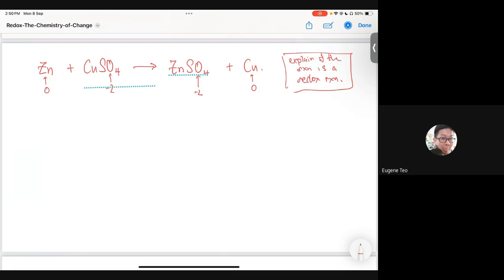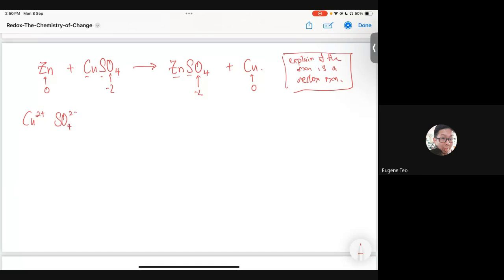After that, I want to apply the summation rule. But I can only apply the summation rule if I know the oxidation state of each of them, right? But you realize that I got 2 unknowns, Cu and S here. So let's break it down a bit. But you know that this is copper sulfate, Cu 2 plus and SO4 2 minus.